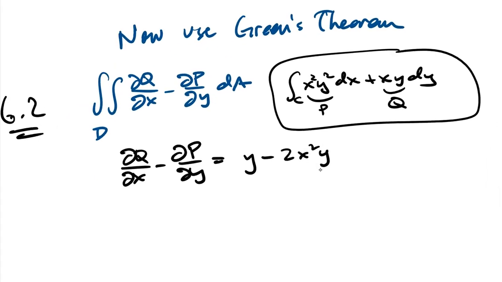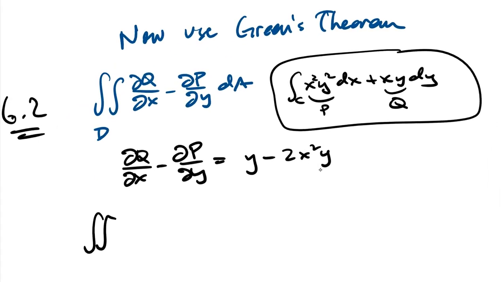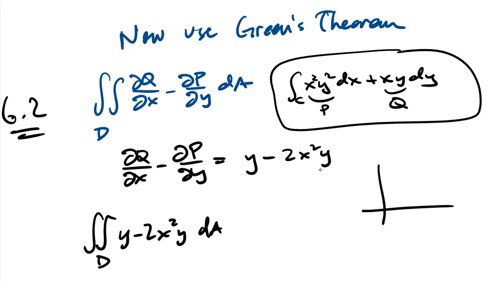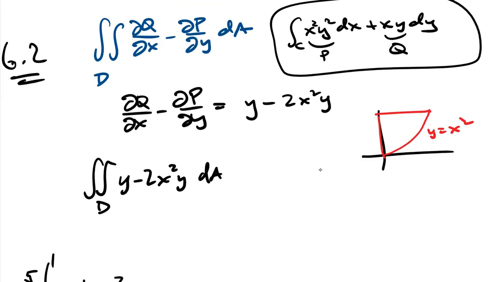So we're going to take the double integral of y minus 2x squared y dA over D. Now let's look at D. So D was this parabola, and then this line, and then this line here. So this was y equals x squared, and when we integrate over that, x goes from 0 to 1, y goes from x squared to 1.